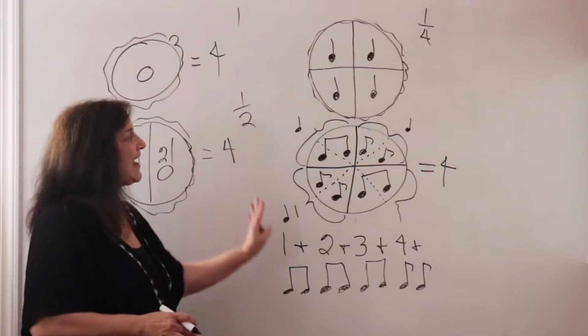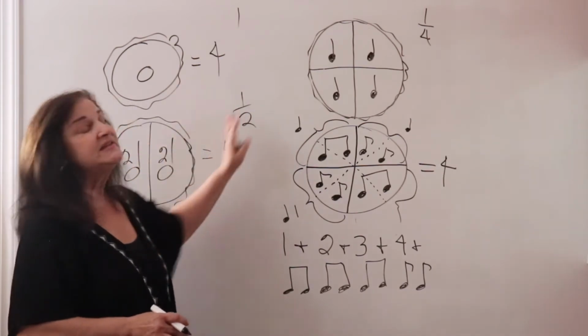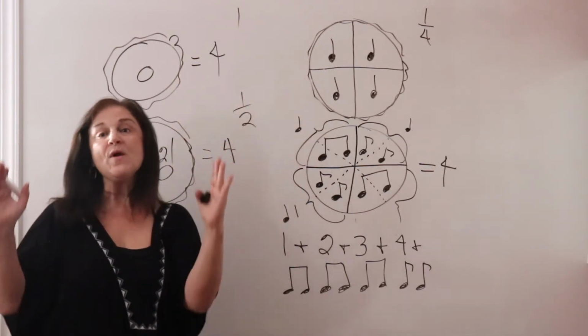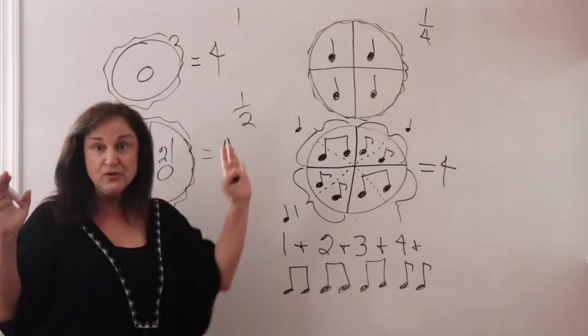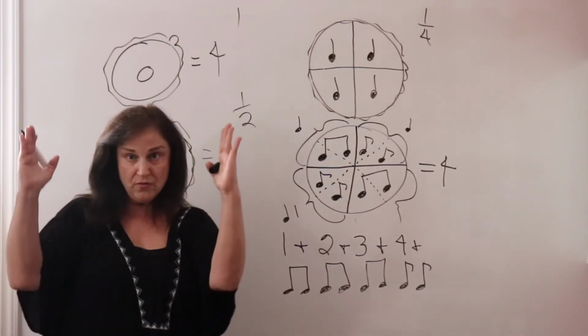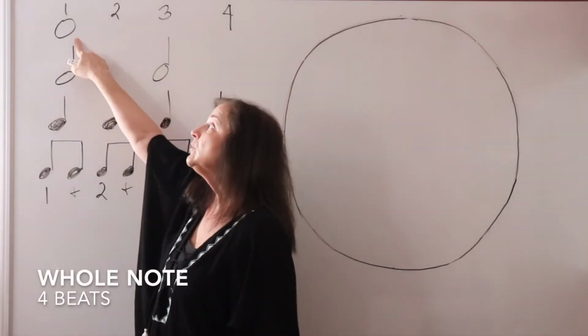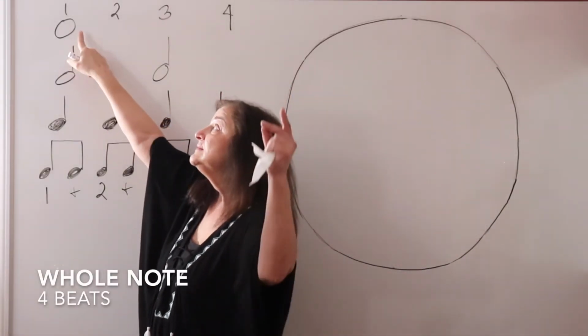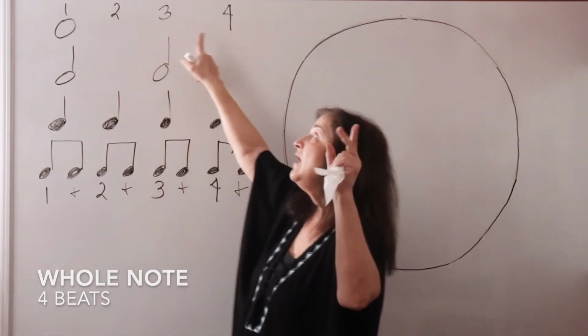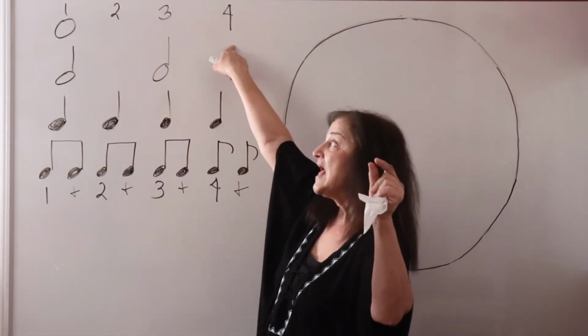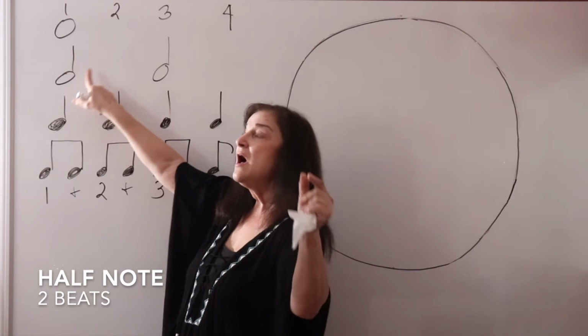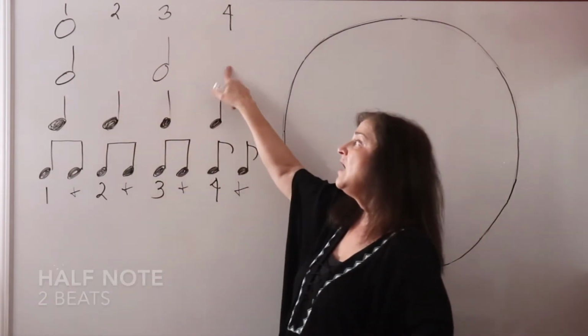And that's why we have these note values. They simplify how we group these note values in the meter of 4. Let's review these right now. The whole note, held for 4 counts. La. Half notes, 2 counts each. La, la.